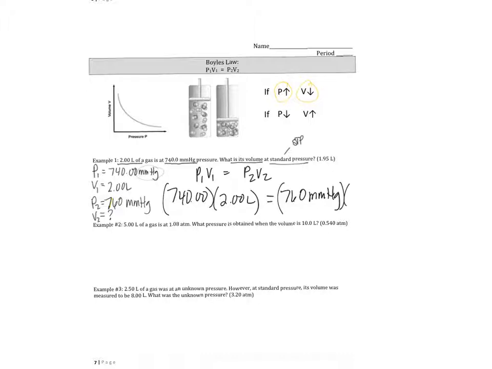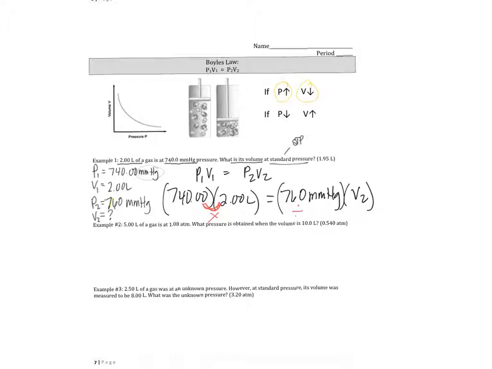And I'm solving for V2. I would simply multiply these two things first, and then divide by 760 just to make sure our order of operations comes out. So 740 times 2 divided by 760 is going to give you a volume of 1.947.